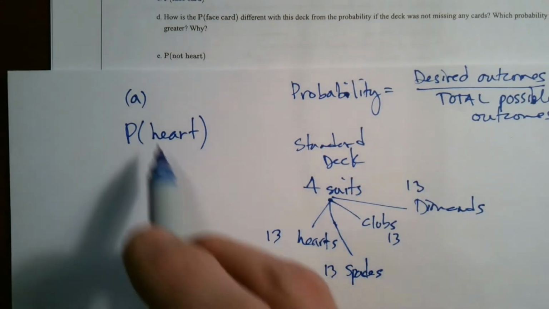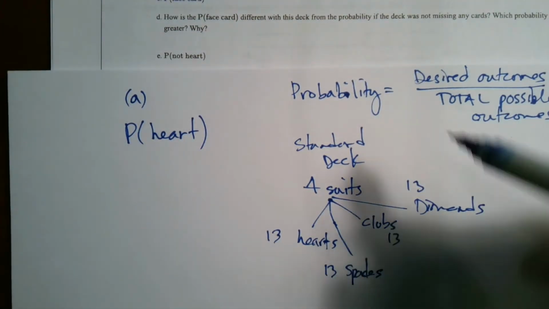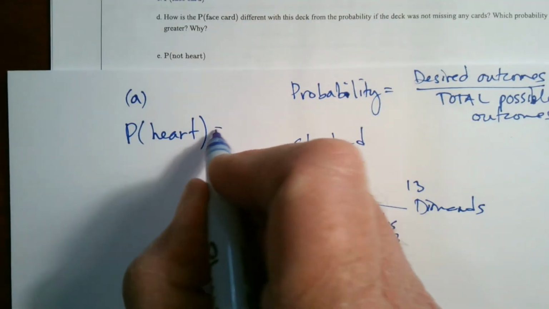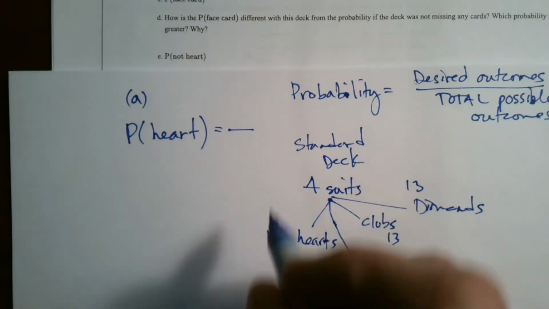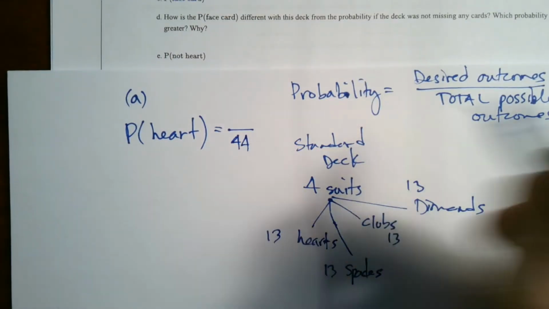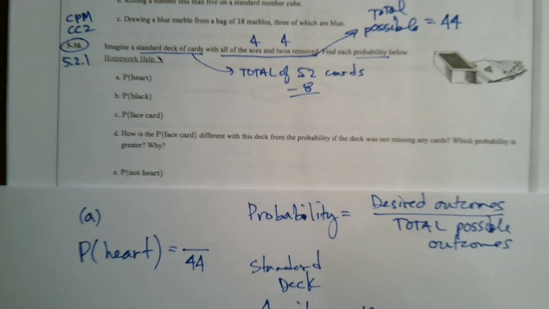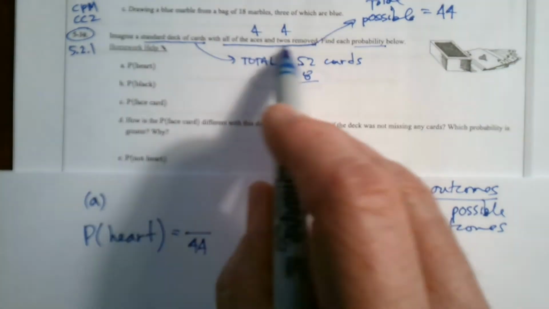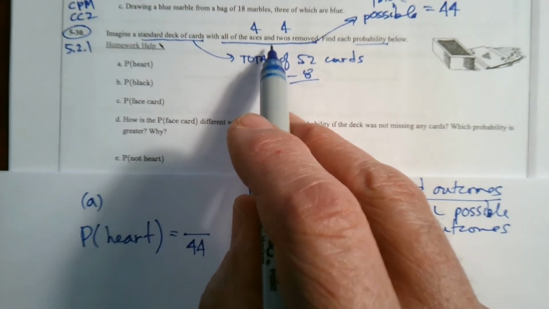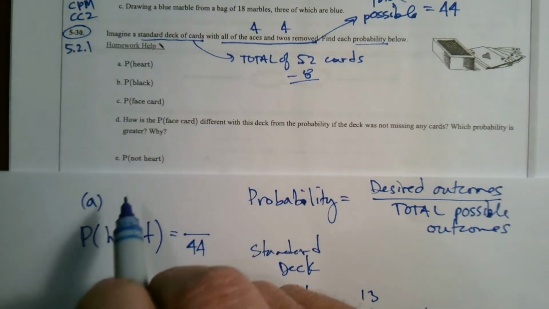Here's what's interesting when we think about this probability. First of all, I know my denominator is going to be 44, because that's my new total possible after I took out all the aces and all the twos. Well, if I took all the aces and twos out, I also took out the ace of hearts and the 2 of hearts.